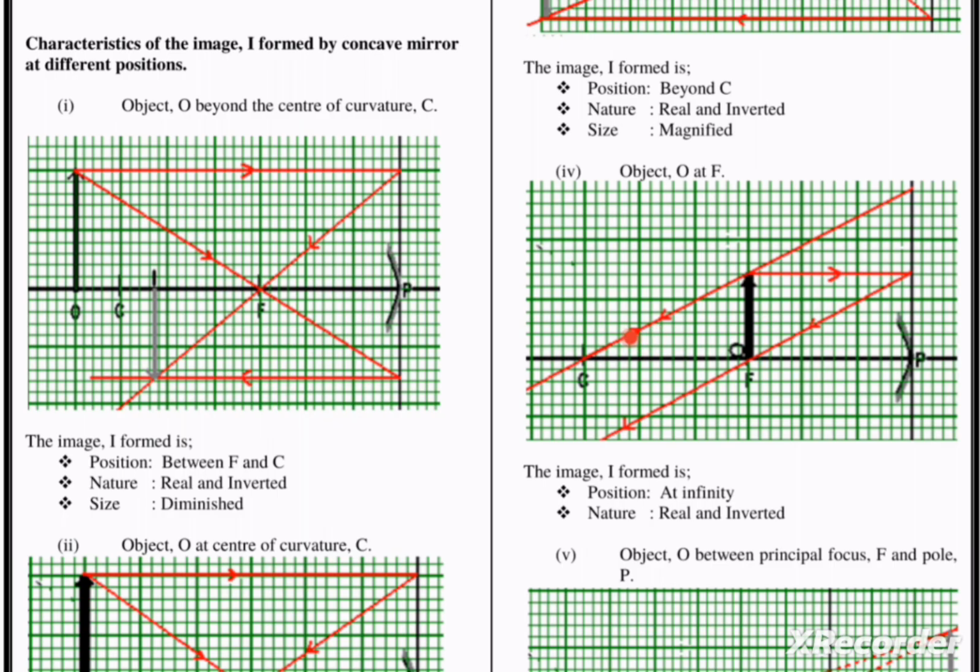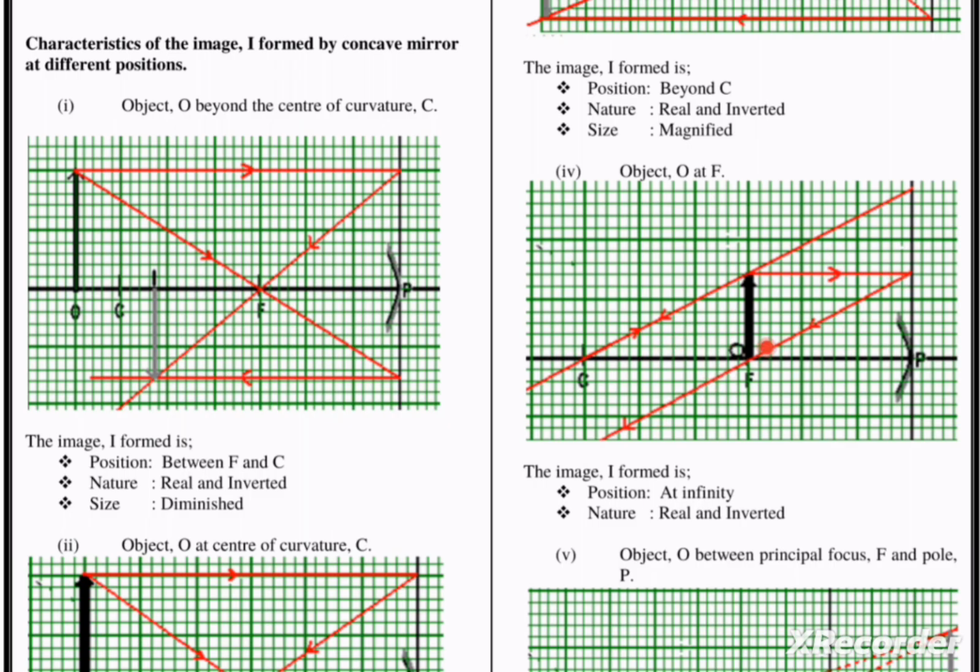That's why you see an arrow going, which is the incident ray, and then an arrow coming back, which is the reflected ray. Then another guideline is that a ray of light that is very close and parallel to the principal axis is going to be reflected through the focal point.